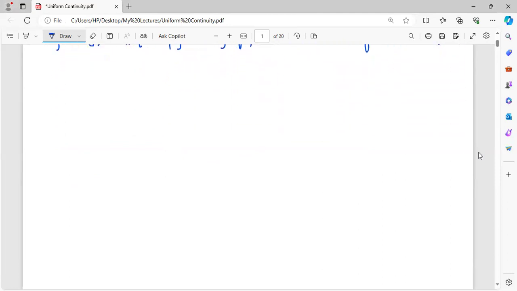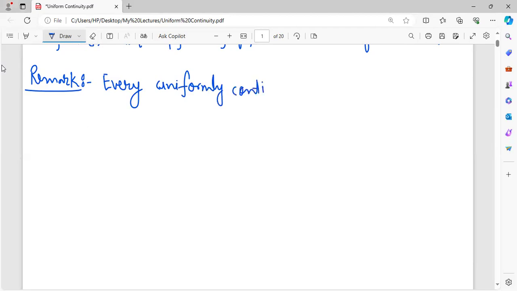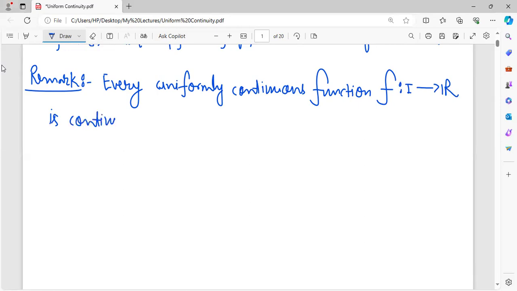Remark: every uniformly continuous function f from I to R is continuous on I. Why is this true?